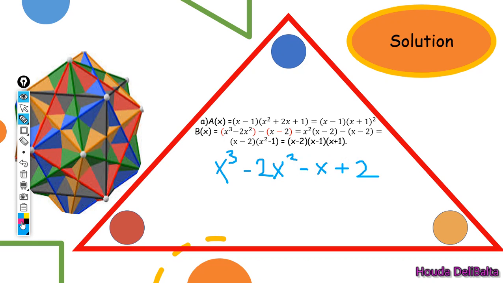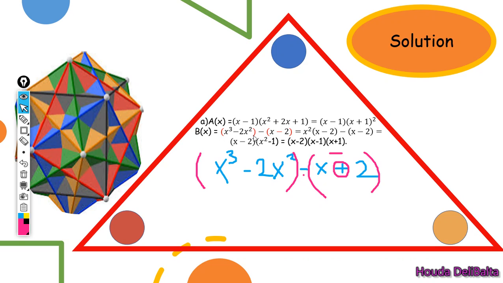All that we did is that we took these together and these together, and definitely we are going to change the sign inside because here we have minus, and again if you are going to expand, then you are going to get minus x and the plus 2 again. So that's why we have x cubed minus 2x squared in the first group and x minus 2 in the second group, and they are separated by the minus sign.